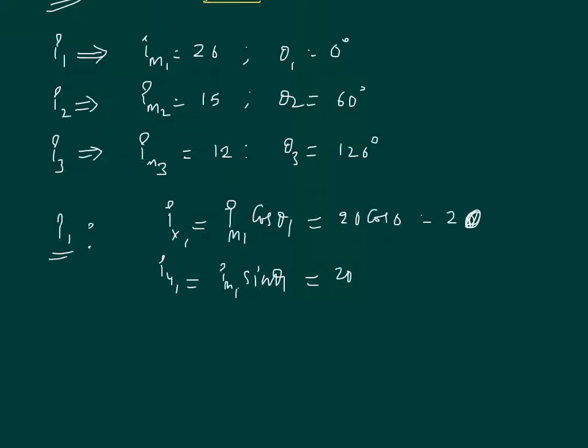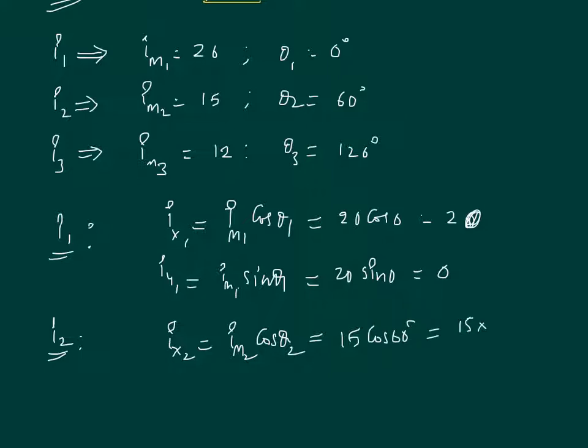Im1 is 20, sin 0 is 0, so that is 0. Similarly for I2, Ix2 equal to Im2 cos theta 2, Im2 is 15 and theta is 60, so 15 cos 60, that is 15 into 1 by 2, equal to 7.5.